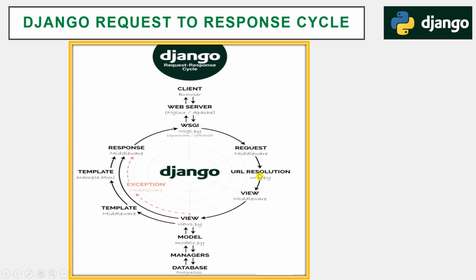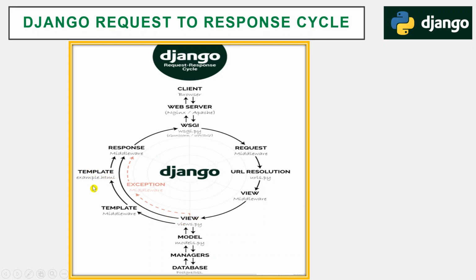If the pattern is available inside the urls.py file, then that request will be forwarded to the corresponding view function. That view function will execute its own business logic, processing logic, and return the output to the template layer.